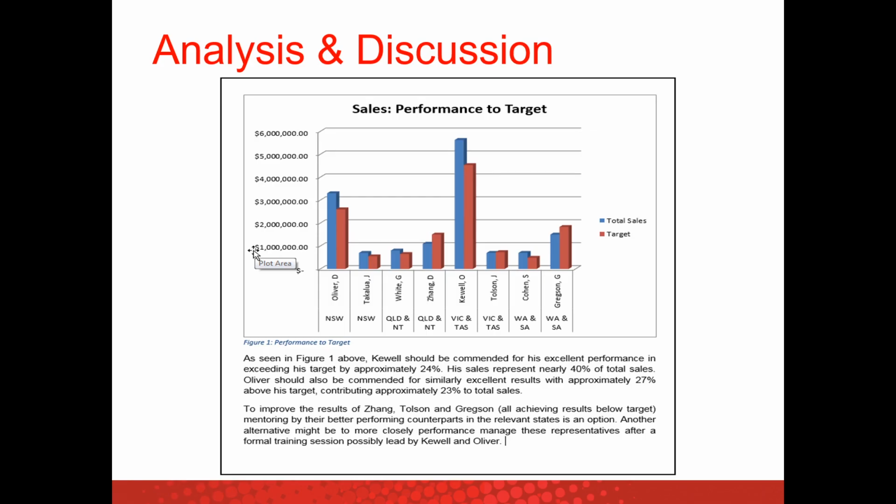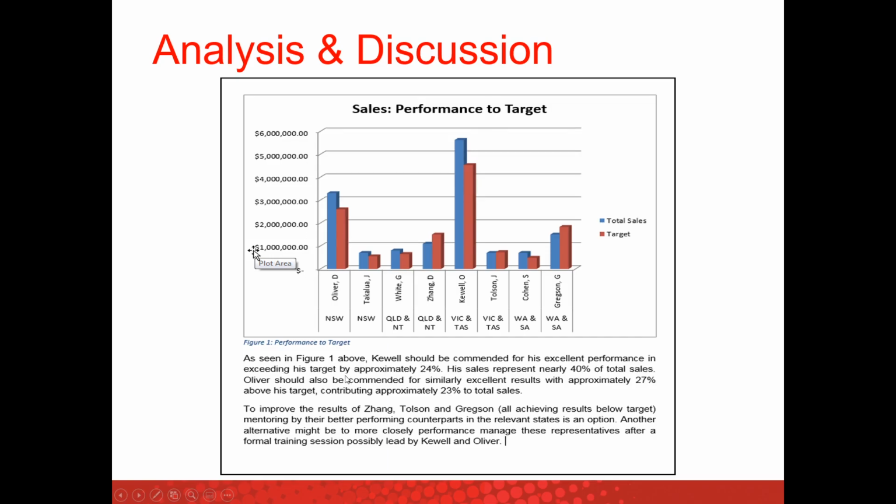Okay. Now another point here. If we read here, as seen in figure 1, blah blah blah, right? Approximately 24%. Presently 40% total size. 27%. Approximately 23%. It does not make any sense at all unless you attach one of these percentages or all of these percentages to a dollar figure.